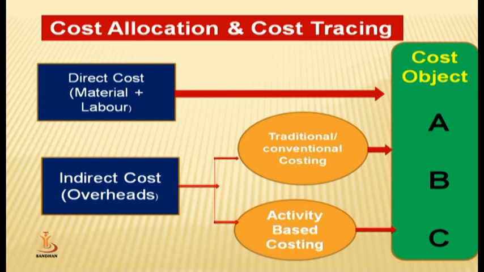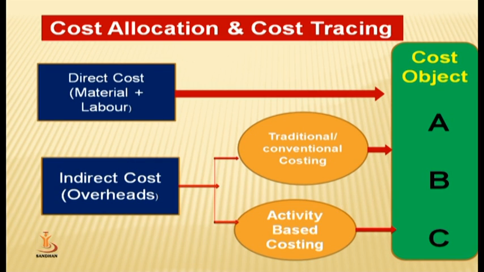In the traditional or conventional cost accounting method, as we'll see later on, only one cost allocation base is to be found out, or the rate is to be determined for tracing the cost to the 3 different products A, B, and C. Whereas the other way is activity based costing.